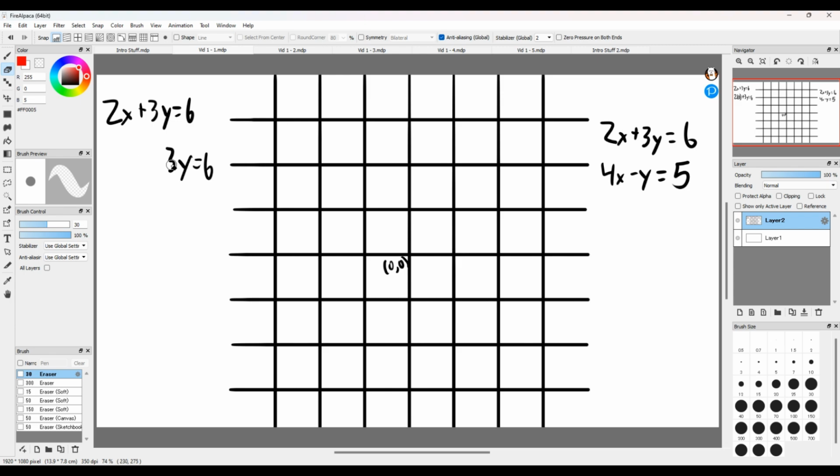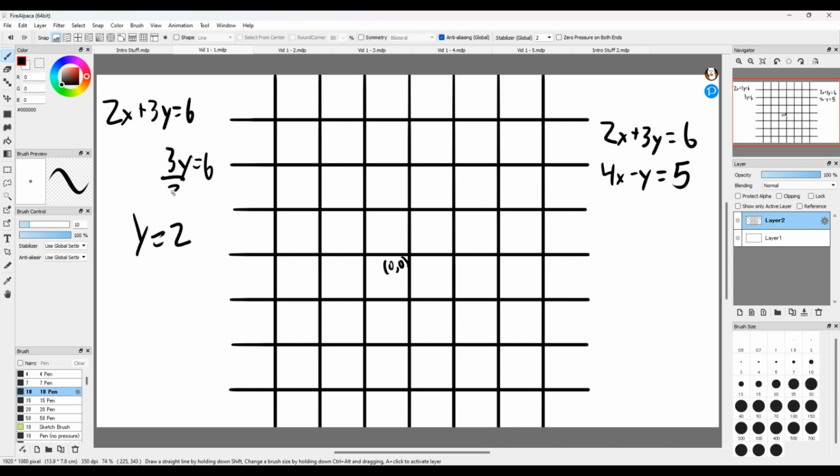So we just have 3y equals 6. 3y equals 6 can be further simplified down into y equals 2 by dividing by 3. So that is where you get your y. Plot that real quick in this color. So you have y equals 2. 1, 2. Your y is 2.